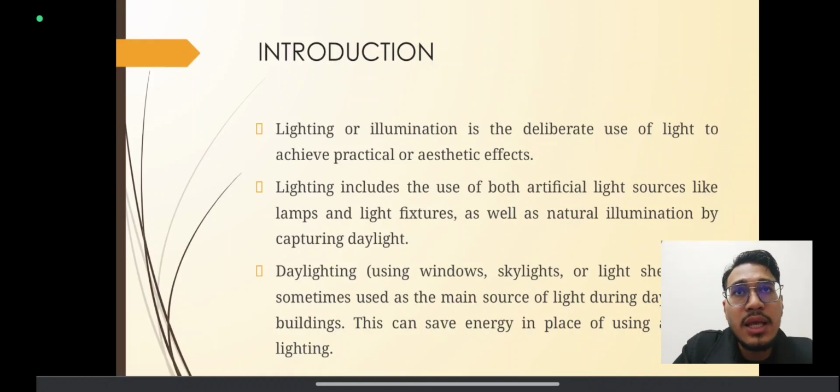In terms of daylight, windows, skylights, or light shelves can be used. It is sometimes used as the main source of light during daytime in buildings. This can save energy in place of using artificial lighting.